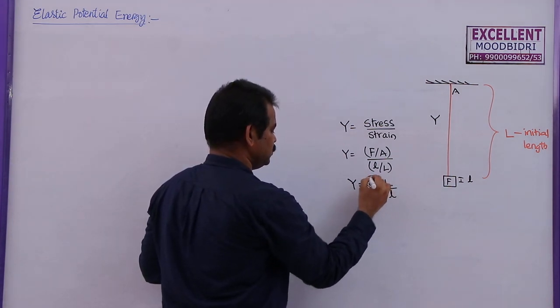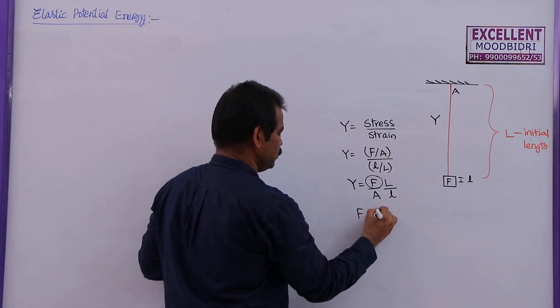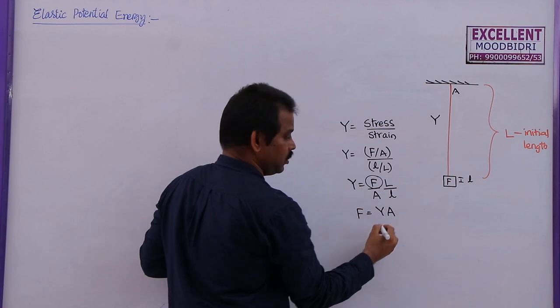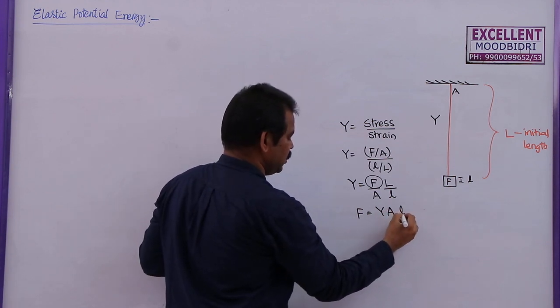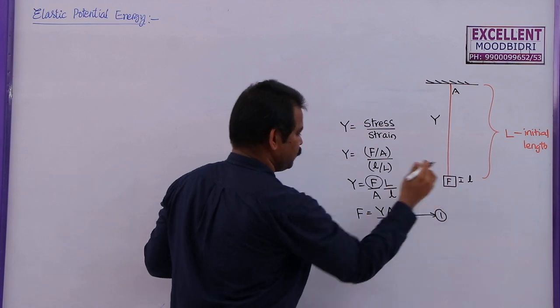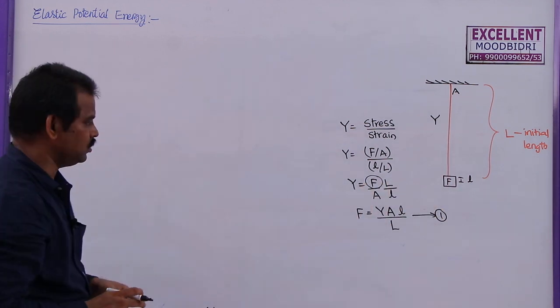So what is this F? The force acting is given by Young's modulus of this wire, cross sectional area of this wire, increase in length due to this force by original length. So this is the force acting in terms of the other quantities that we know.